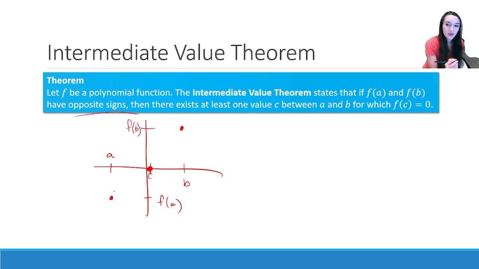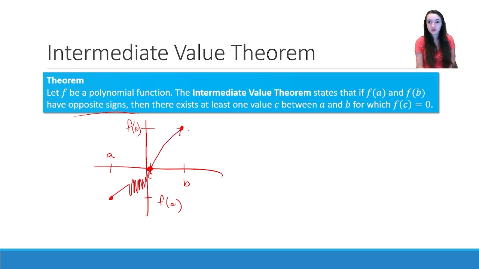So basically what it's saying is, because this is a polynomial, and a polynomial is continuous. This theorem is stated about polynomials, but it is true of any continuous function. If I'm coming from here and I go this way, doesn't matter how much I do in the middle, at some point I have to cross through here in order to get to f of b.